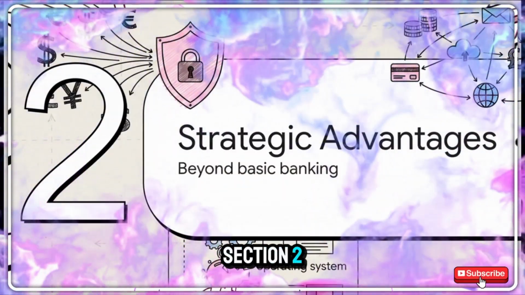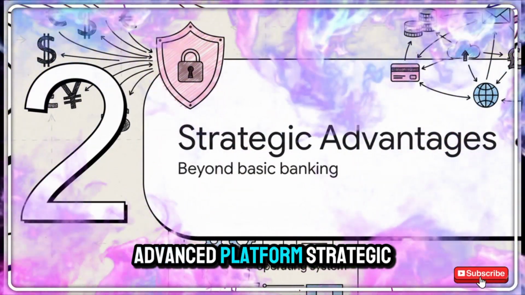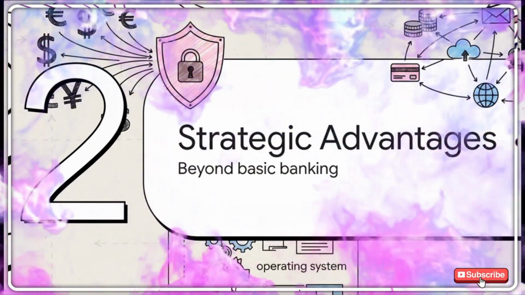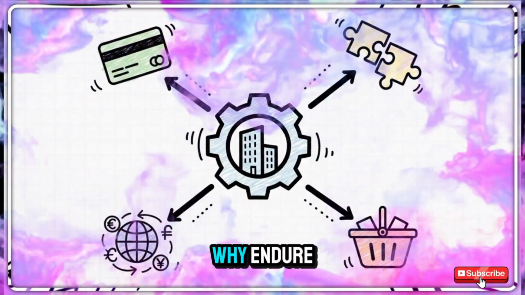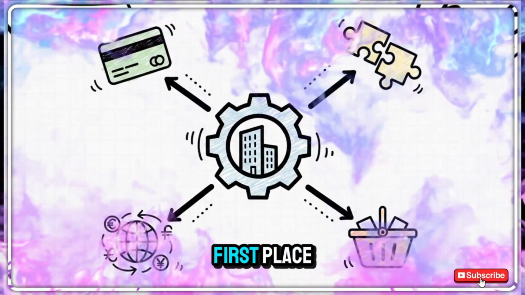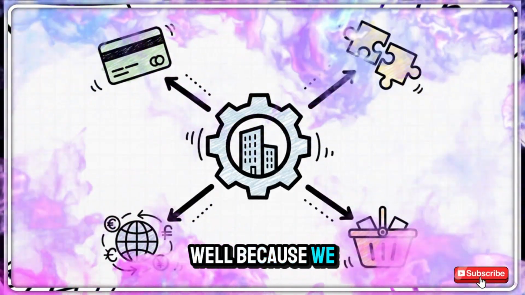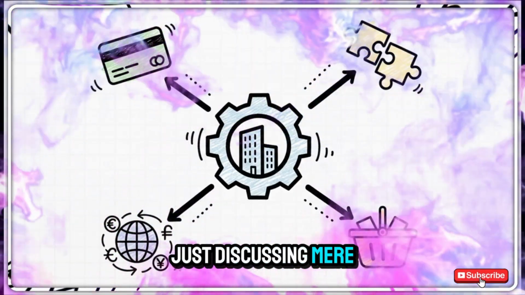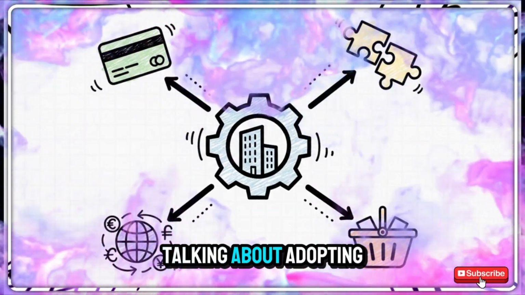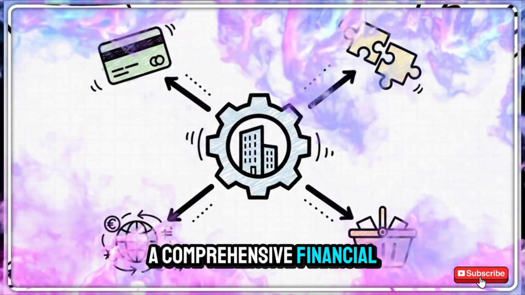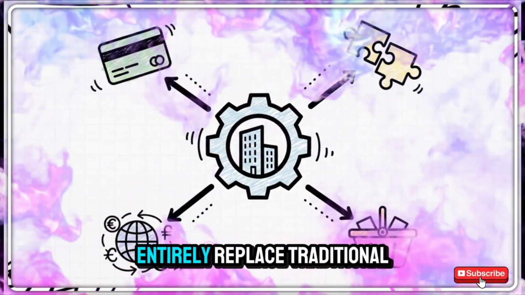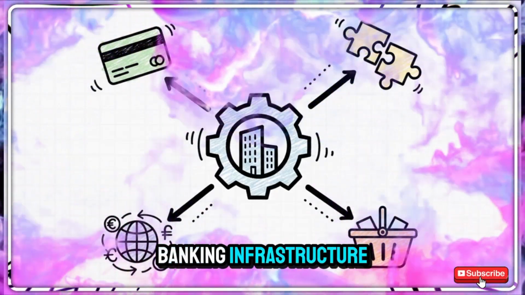Moving on to Section 2, Advanced Platform Strategic Advantages. So you might be wondering, why endure all that rigorous vetting in the first place? Well, because we are no longer just discussing mere money transmission. We're talking about adopting a comprehensive financial operating system that can entirely replace traditional banking infrastructure.